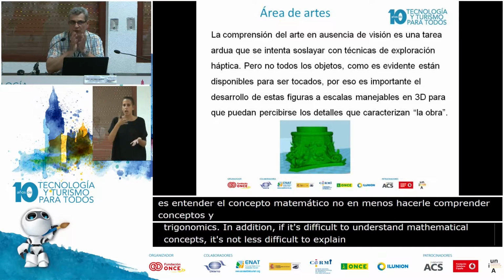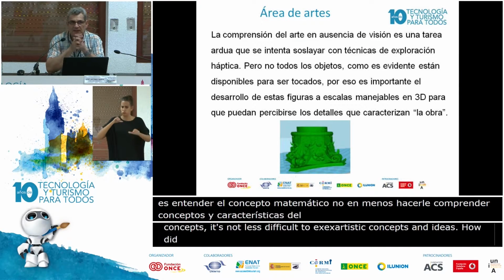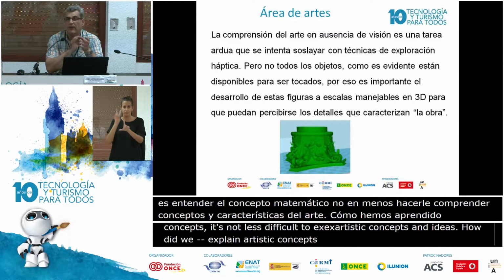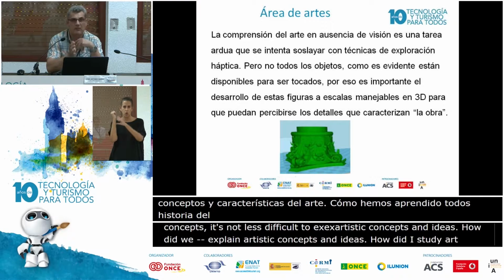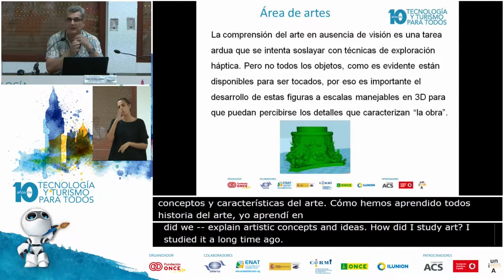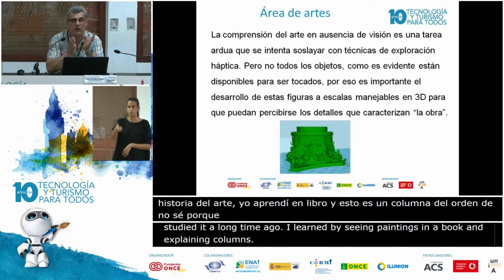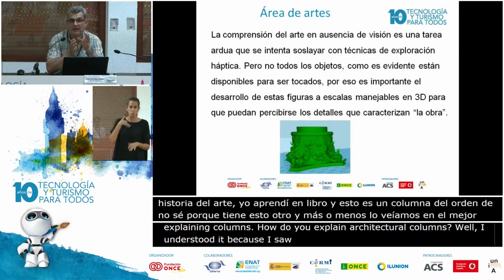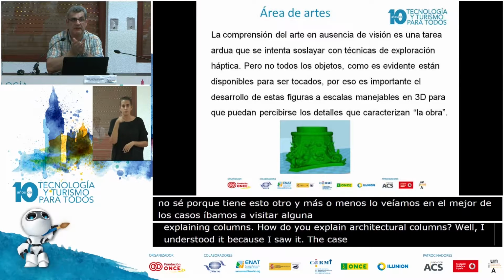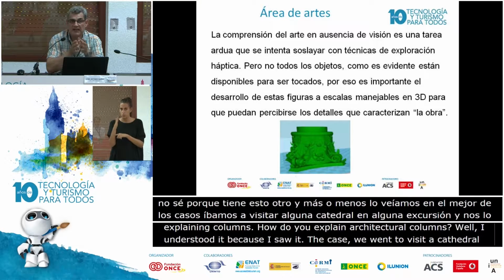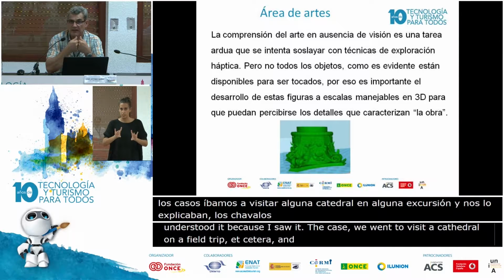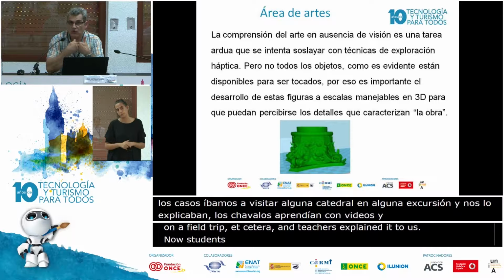How did we learn or study the history of art? Well, I studied it a long time ago. I learned by seeing the paintings in the books and explaining columns. How do you explain architectural columns? Well, I understood it because I saw it, and in the best of cases, we went to visit a cathedral on field trips, etc., and teachers explained it to us. Well, now the students learn with videos, and it is easy to transmit this knowledge.